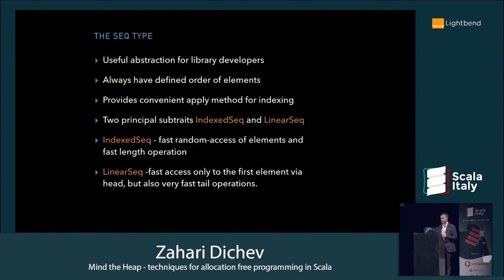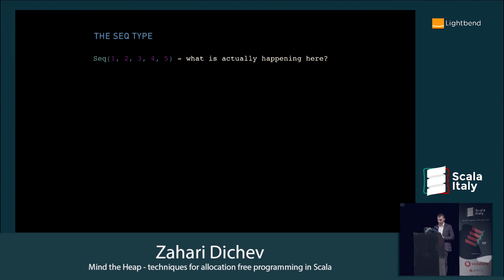The interesting part, however, is that sometimes you might be very well tempted when you need to pass a Seq to do something like this, right? And I was really surprised what actually happened here, right? So I'm sure all of you know that under the hood it's a List that's getting constructed, right?